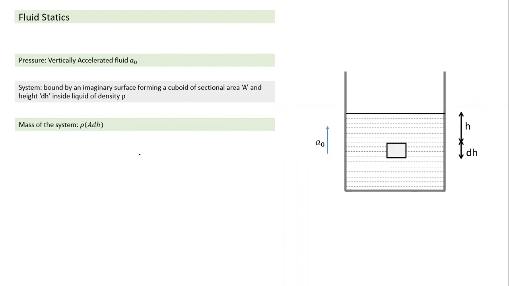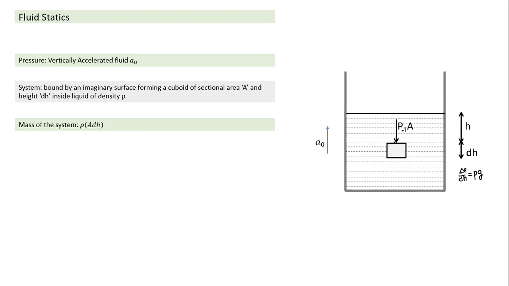Again, let me take a system bound by an imaginary boundary, forming a cuboid with cross-sectional area A and height dh. Now we find how the pressure varies. In an unaccelerated liquid, pressure increases in the downward direction at the rate dp by dh, which we calculated earlier to be equal to density into g. Now we see what changes if it is accelerated.